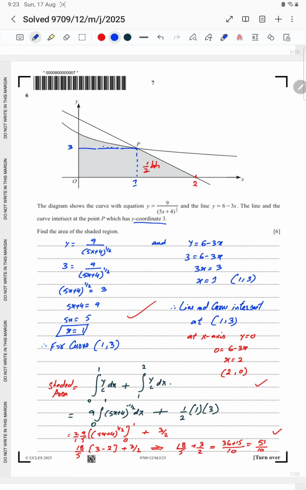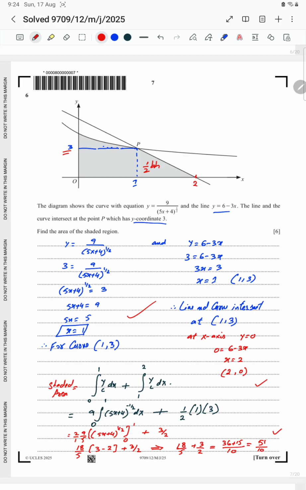Next question is, the diagram shows a curve with equation y equal to 9 over (5x plus 4) whole power 1 by 2, and the line y equal to this. The line and the curve intersect at the point P, which has y coordinate 3. Find the area of the shaded region. The y coordinate is 3, so here it is 3.